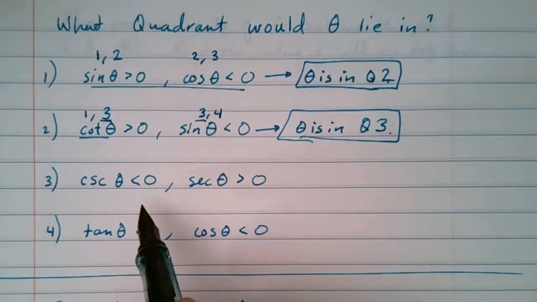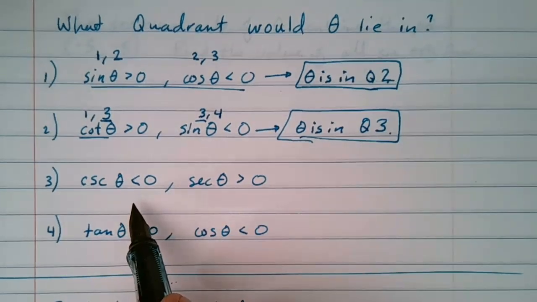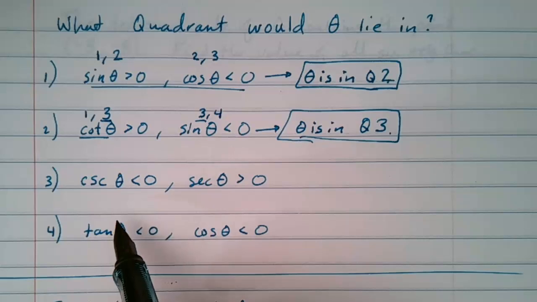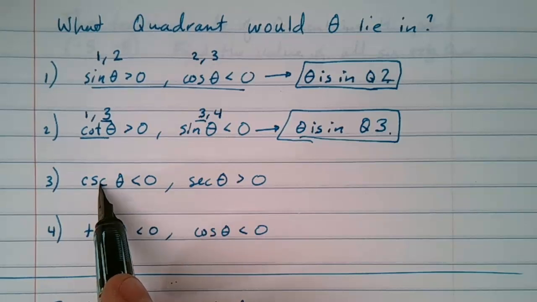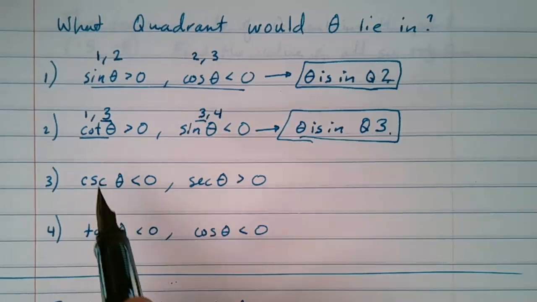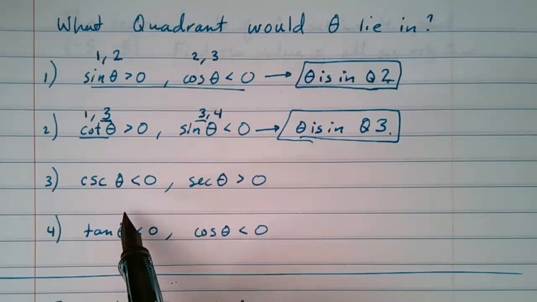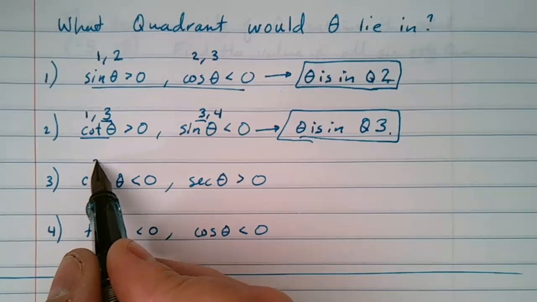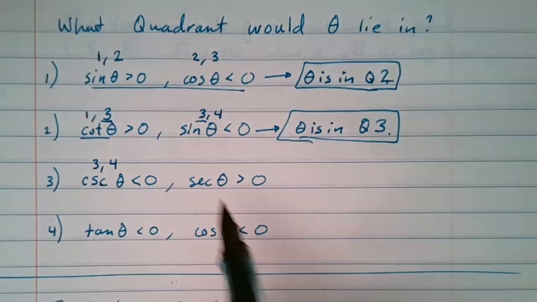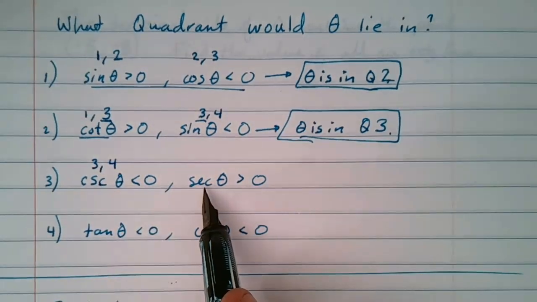Okay? Cosecant. I don't do cosecants. So when I see cosecant, my brain says, sine. And remember, if you flip this, the sign, S-I-G-N, does not change. And so if cosecant is negative, sine is negative. Where is sine of theta negative? Quadrant 3 and quadrant 4. Secant, the reciprocal of cosine.